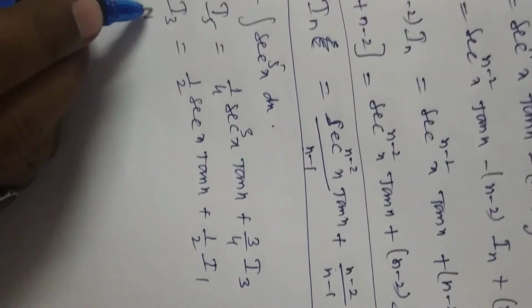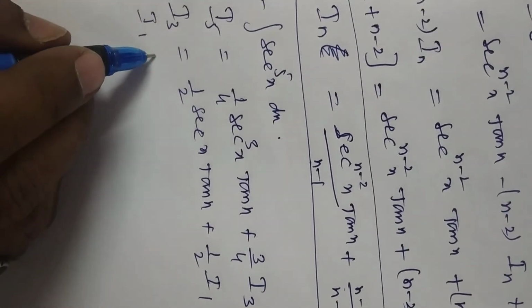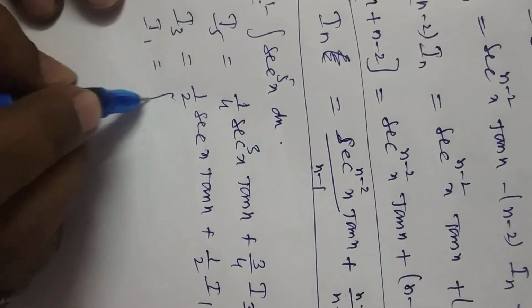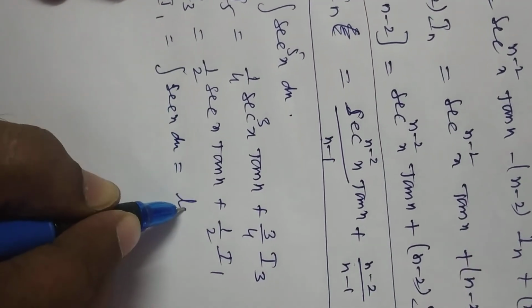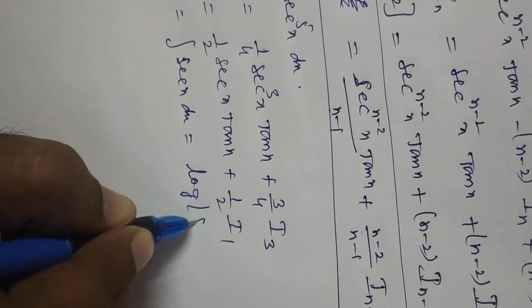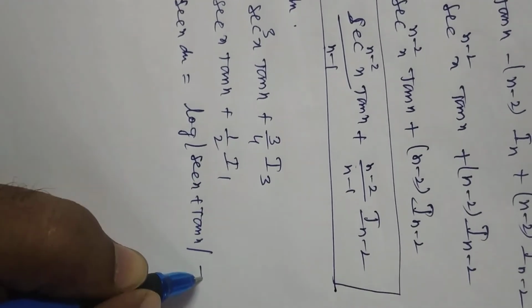Next I1, if you find, I1 is equal to what? Integration of secant x only, no? Integration of secant x dx, for which the formula is log of secant x plus tan x. We will write it as it is.